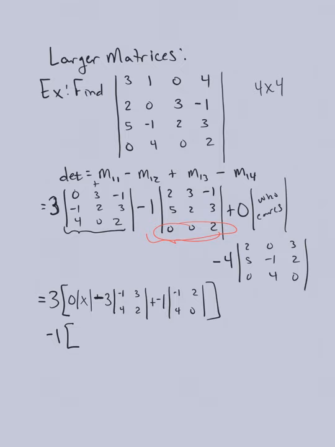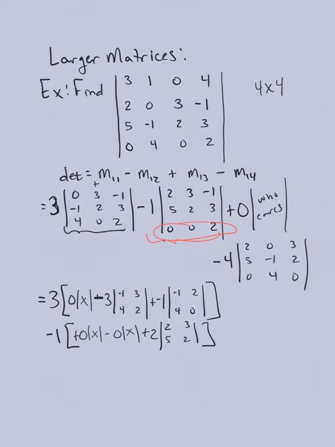But the key thing is here, I'm on the third row, so that means I have the plus minus plus pattern. But notice that I have those two zeros, so I have plus 0 times it doesn't matter, and then minus 0 times it doesn't matter, and then plus 2 times its minor determinant, which is 2, 3, 5, 2.